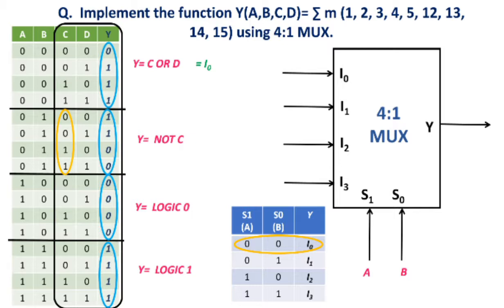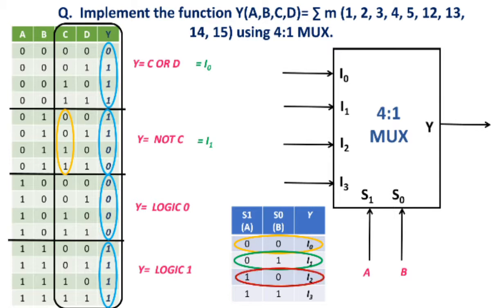Similarly, when A is equal to 0 and B is equal to 1, Y is nothing but equal to I1. And when A is 0 and B is 1, I know that Y is not of C. So that not of C is also equal to I1.